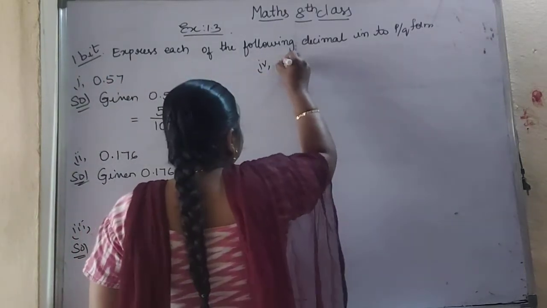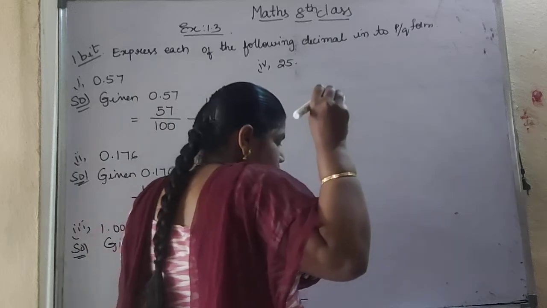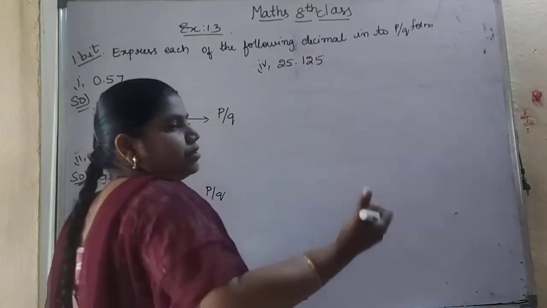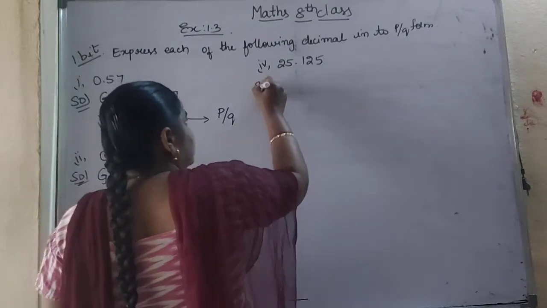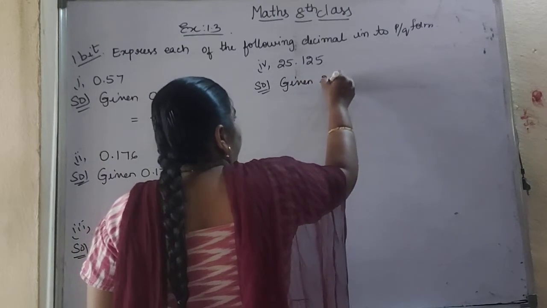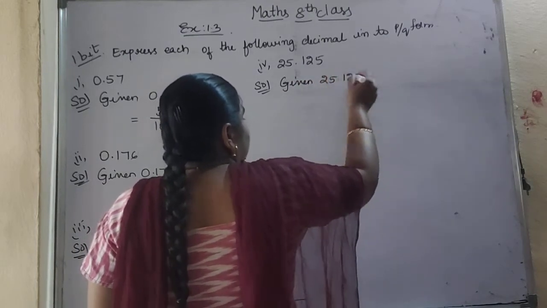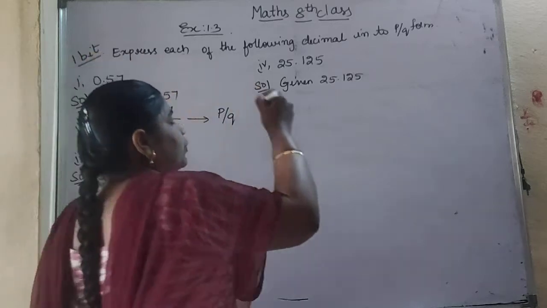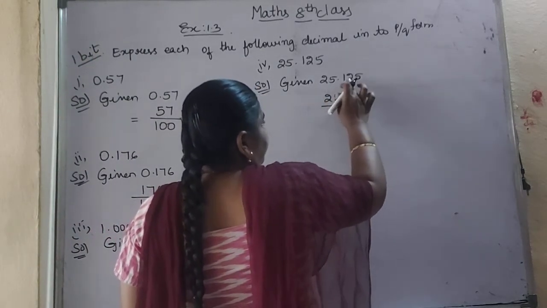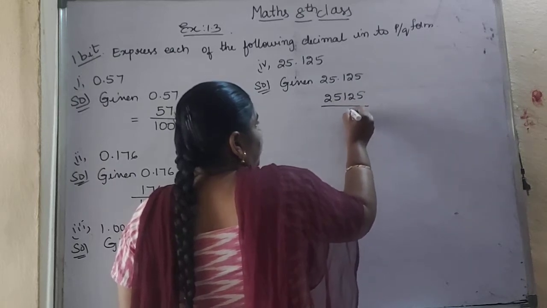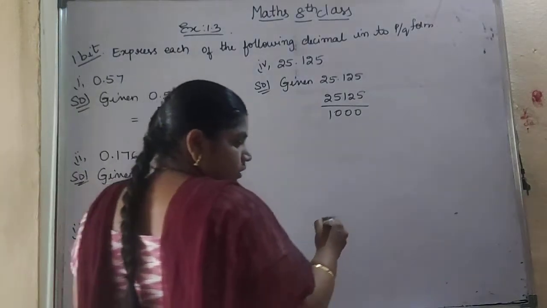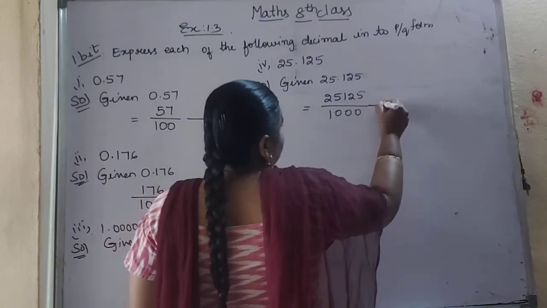Fourth one is 25.125. Here after the point you are having 3 digits, so in the denominator you will get 3 zeros. If you remove the point, what is the numerator value? 25125, by 3 zeros in the denominator. So this is also in the form of p by q.